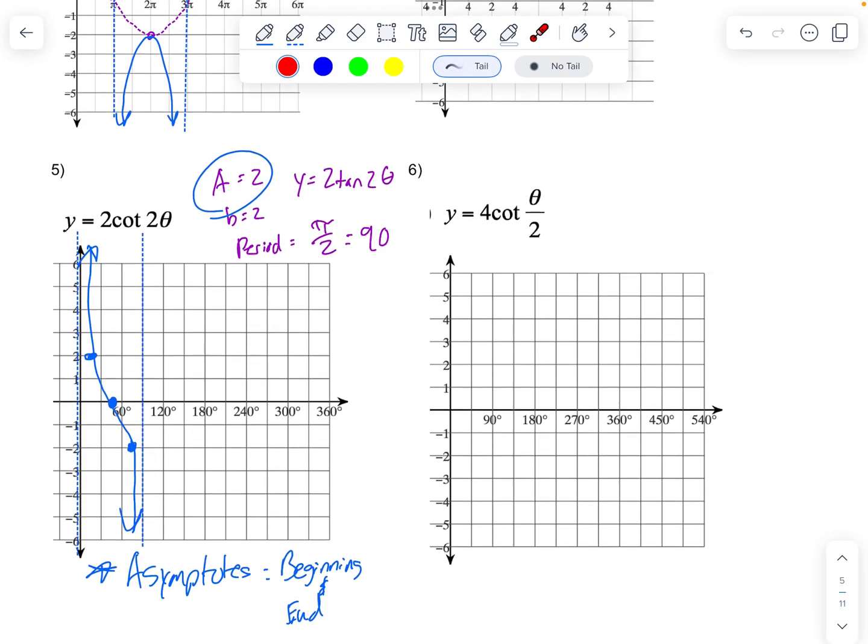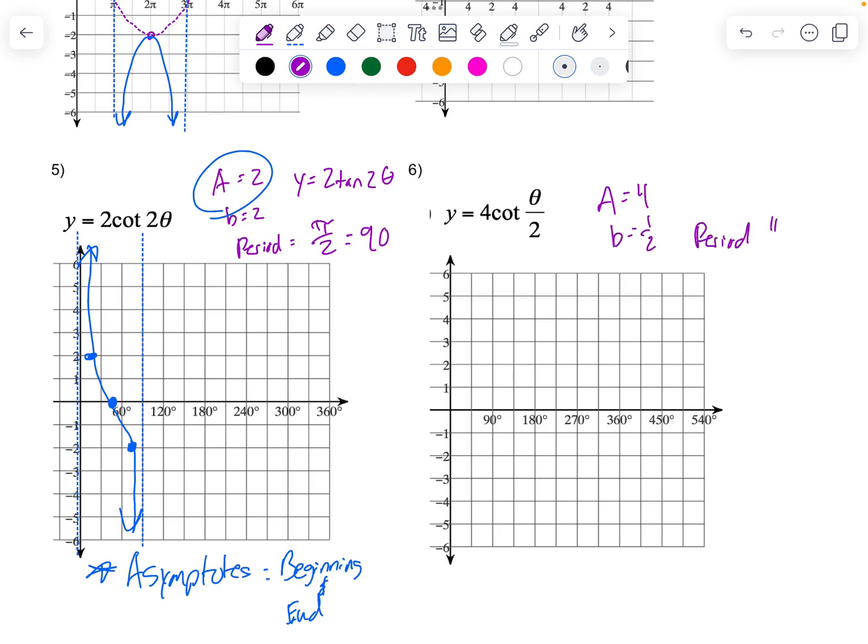All right, last one. We got A equals 4. B equals 1/2. Again, your period is going to be pi over 1/2, which means 2 pi, which also means 360 because you're dealing with degrees here. Again, start off asymptote at 0, and then asymptote at the end of the period, which is 360.